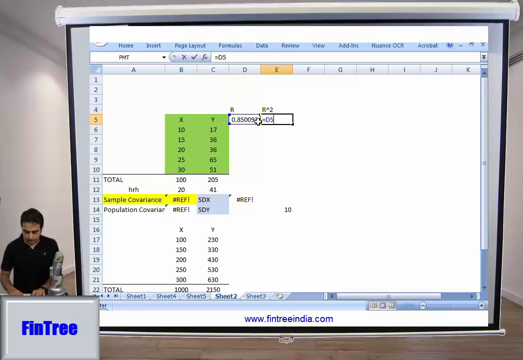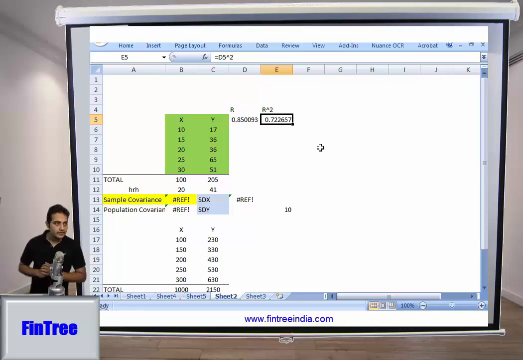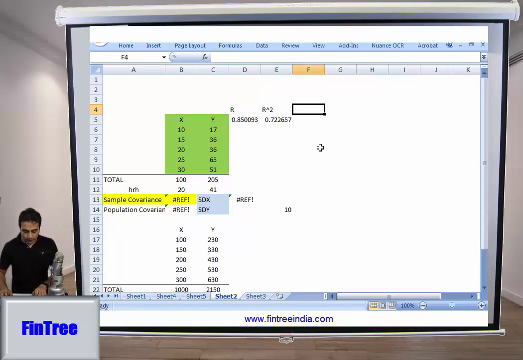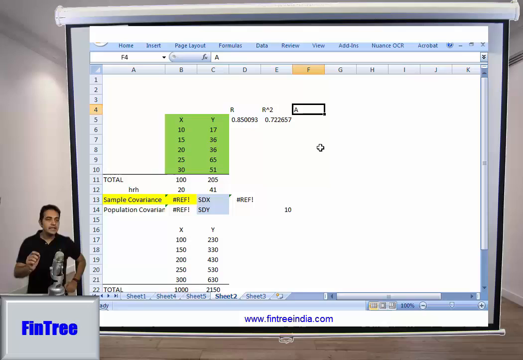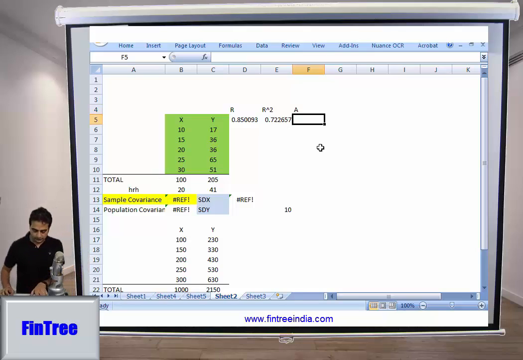The square of this value: 0.7226. Then in your calculator, in second and 8, does it show you a value? That a value is the intercept. So a value is how much? 2.20. And then what is the slope value?